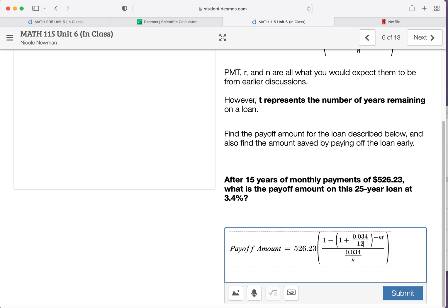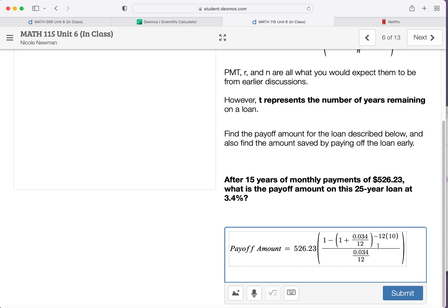The N value is still monthly, so 12. And then the T value, here's where the twist is. We had a 25-year loan, but 15 years of payments have already been taken care of. And so 25 minus 15 gives us 10 years left on the loan.